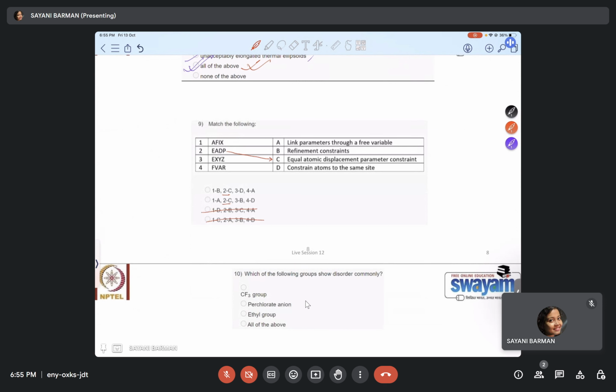Now EADP and EXYZ, the next option, number 3, function almost the same, as it is also constraining atoms to the same site. So 3 will be D. Then the first option will be AFIX, which is for refinement constraints, and FVAR is to link parameters through a free variable.